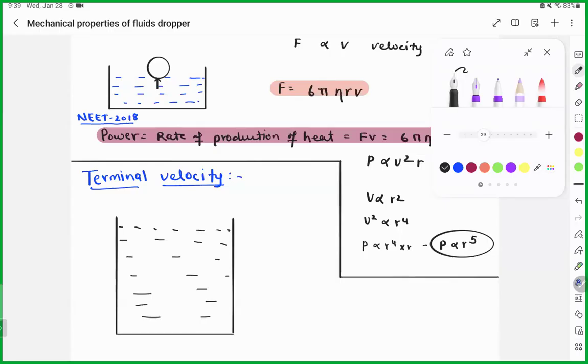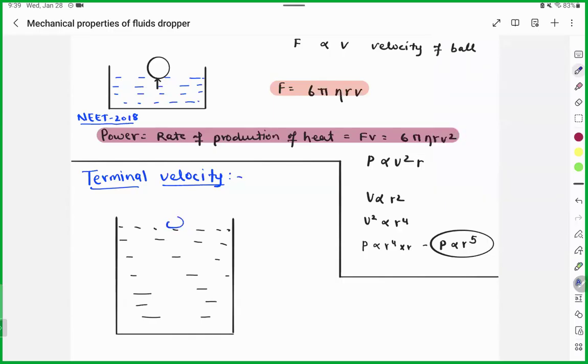There will be some situation like initially you are falling down with some speed, it will reduce. Example, this is the body, so it is falling down, speed will reduce. At one point this speed will become constant, fixed. It is falling down with the constant speed, and that constant speed where acceleration is zero is known as terminal velocity.